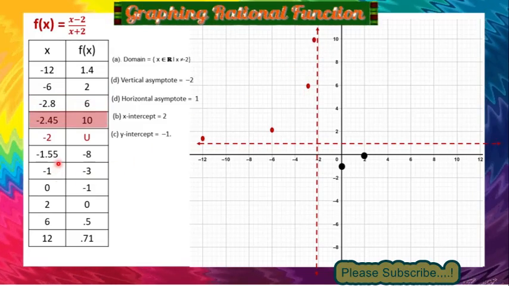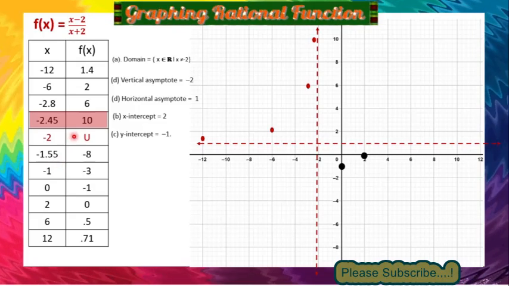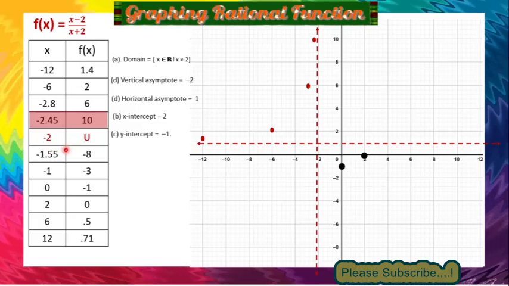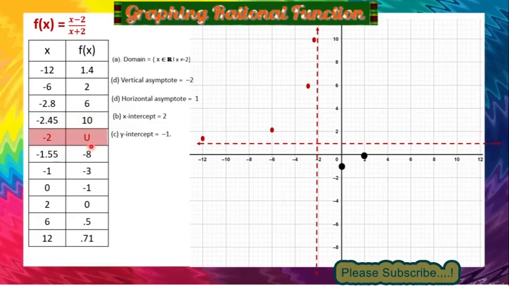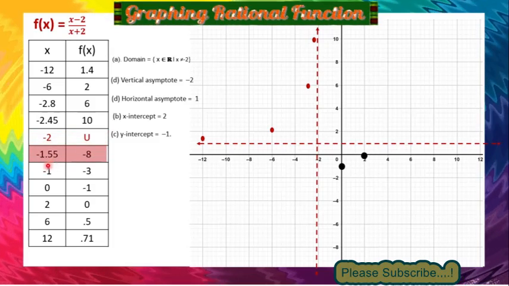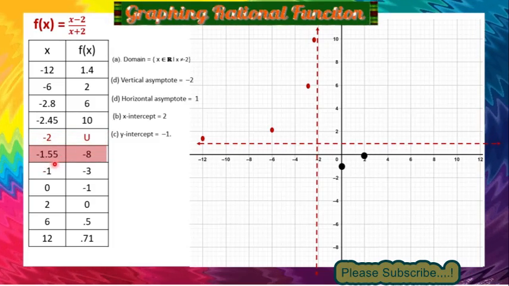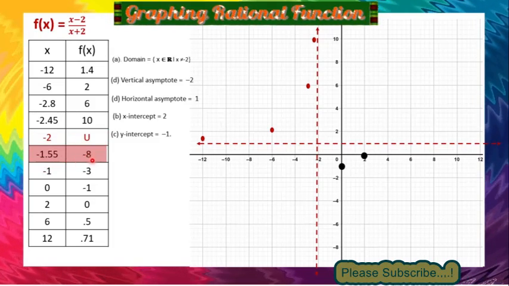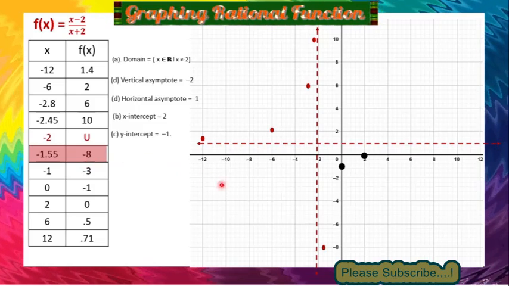Then for -1.5, we don't include -2 because this is the part where our function is undefined. So we'll proceed to this point where x is -1.55 and the value of our function, our y, is -8. So that is the point.